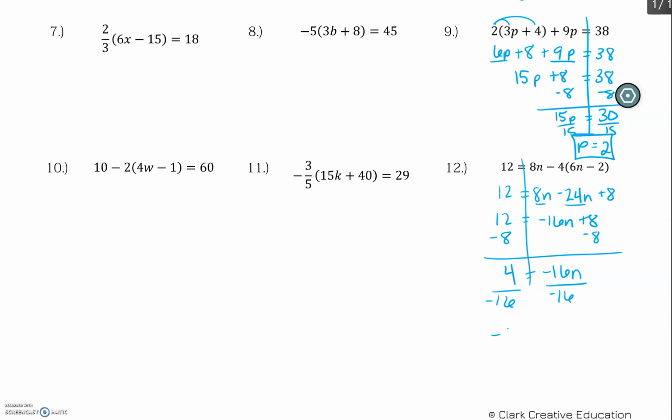And that would simplify to negative 1/4. And again, the simplification steps. If you divide by 2, 2 goes into 4 2 times, 2 goes into 16 8 times. Divide by 2 again, 2 goes into 2 once, 2 goes into 8 4 times.